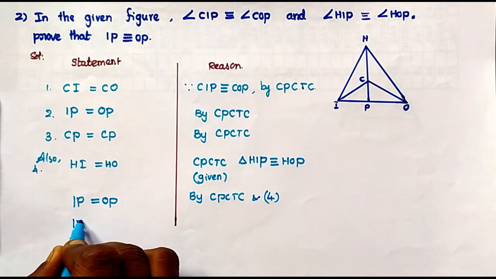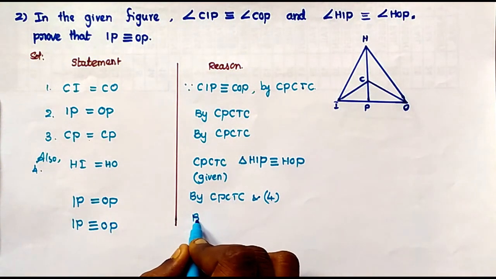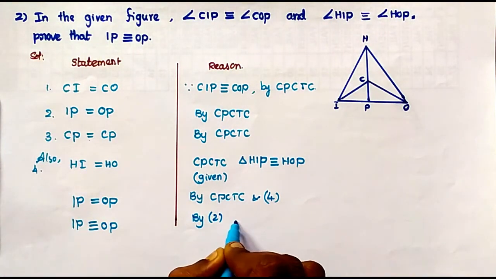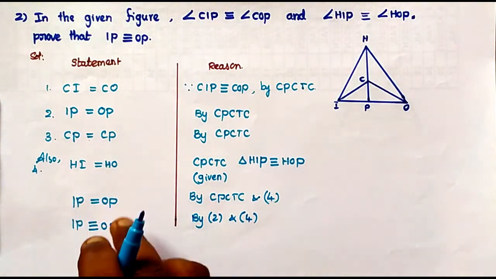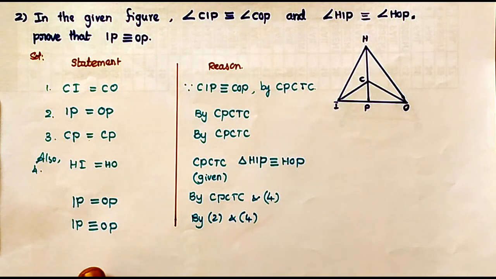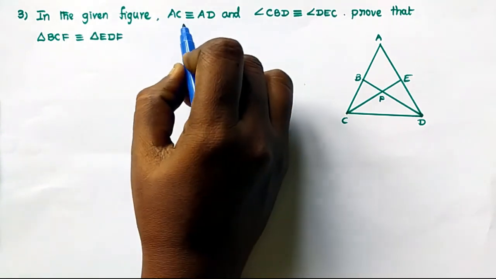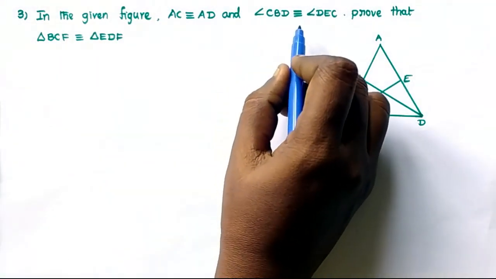IP is congruent to OP, that is by the 2nd and 4th statements. The second and fourth statements prove that IP is congruent to OP. That is the answer.